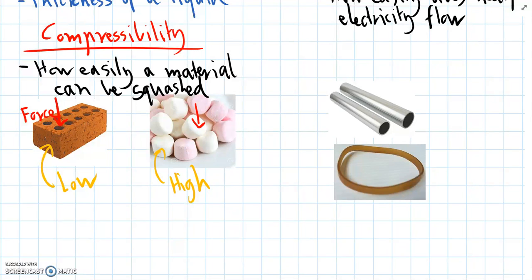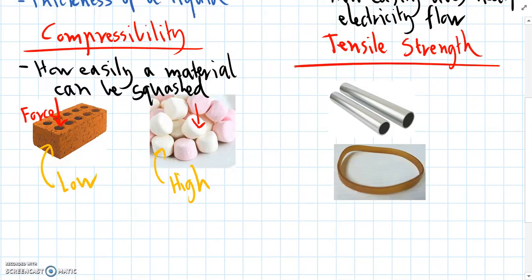On the other hand, if you're pulling something apart, then the measure of how easy it is to pull it apart, that's called tensile strength. How easy it is to stretch something.